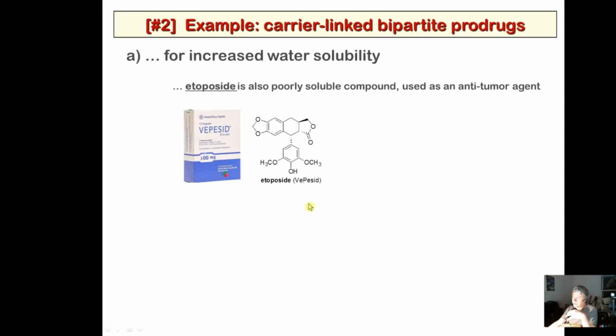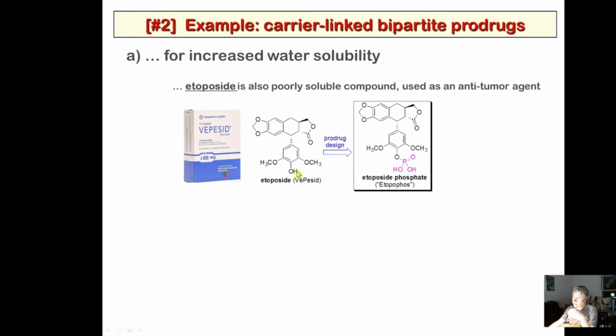In this case, I think they also use a phosphate, and so they have a phenol down here, and they just basically attach a phosphate to it. So then it's called Etopophos, and that solves a lot of the solubility issues. It's initially poorly aqueous soluble. When they add a phosphate, now it's aqueous soluble.